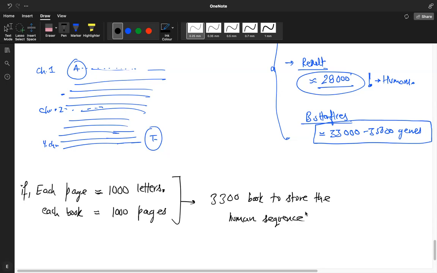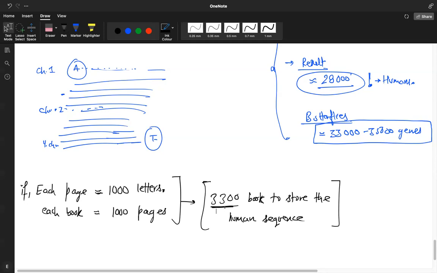It's very big, right? Amazingly big, magnanimous. So this is the amount of data that we are talking about.